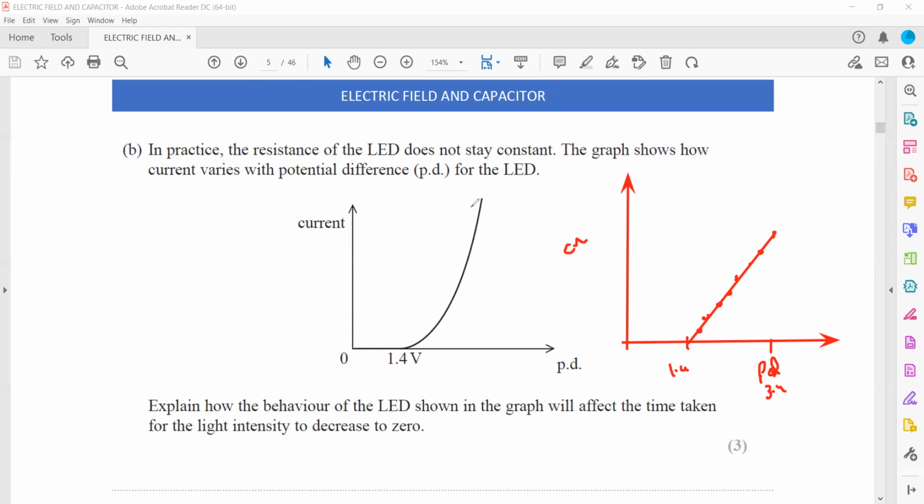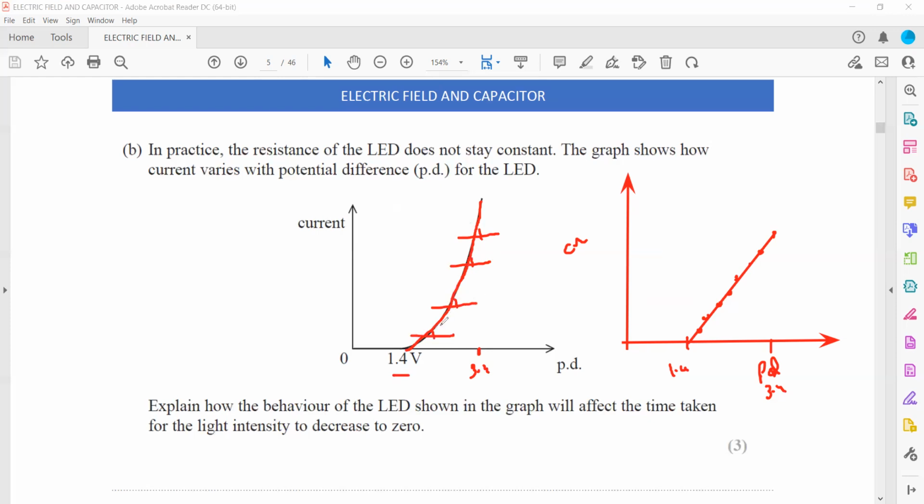When it takes a longer time, it means the LED will light up for a longer time. So from the graph, we can determine that as the potential is decreasing, the resistance is increasing. This will be 3.4 and this is 1.4. So as the potential starts to decrease, it is not a straight line, it is a curve. So if the potential is decreasing, you can see here the gradient.